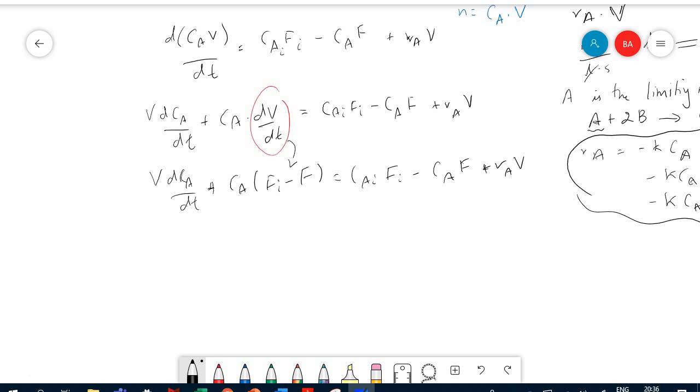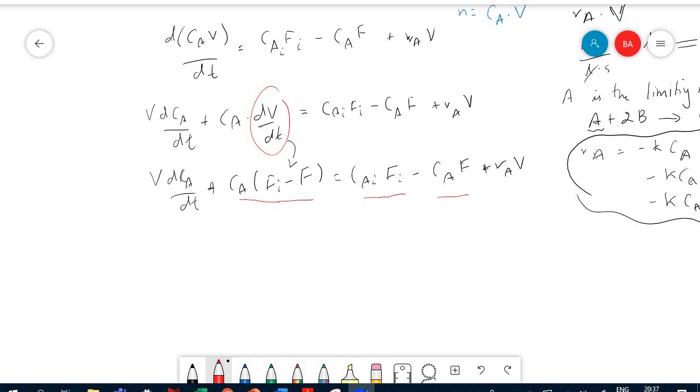Now I have only dCA by dt sitting by itself. It is really beautiful. And here, you can see that we can even simplify this equation more. Why? Because I have here CA FN and CA F, and I have here CAN FN and CA F.